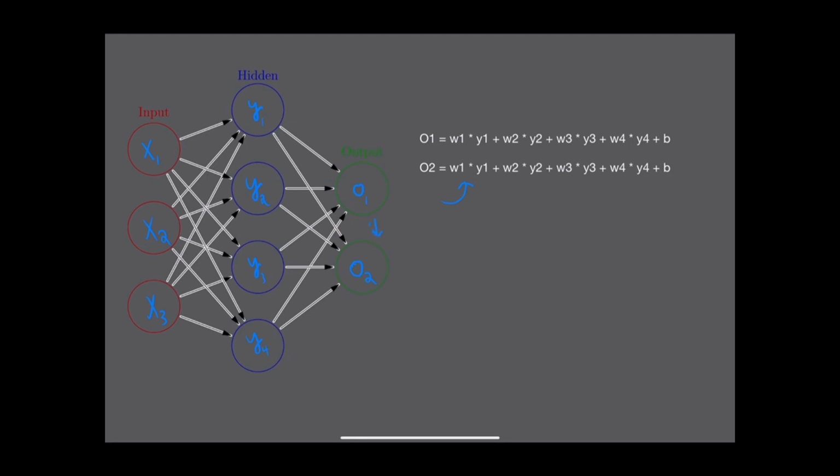So these 2 nodes are operating completely independently. If the point of this neural network is to predict how tall someone's going to be, then we wanted just one output number. So we might do something like this. We average O1 and O2, and that output is the model's prediction.